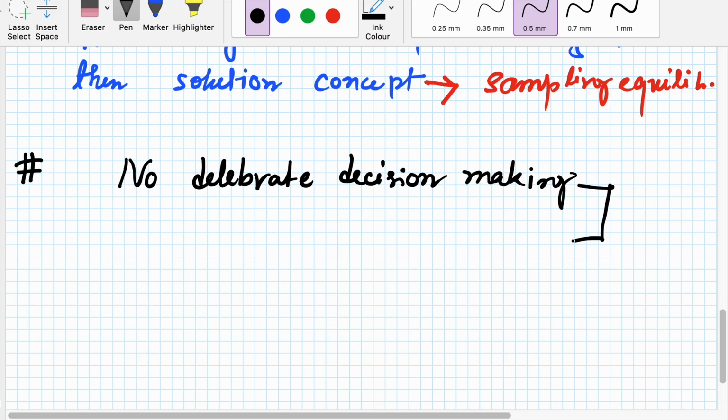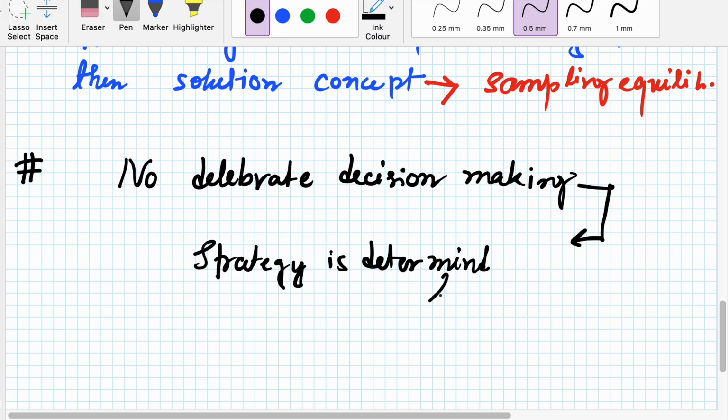And whatever strategy we are seeing, that strategy is determined from birth. So that individual cannot change his strategy, because his strategy is determined by birth.